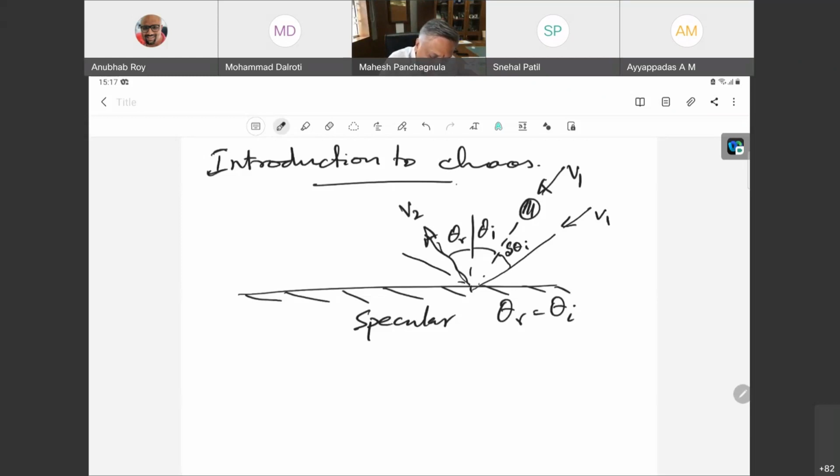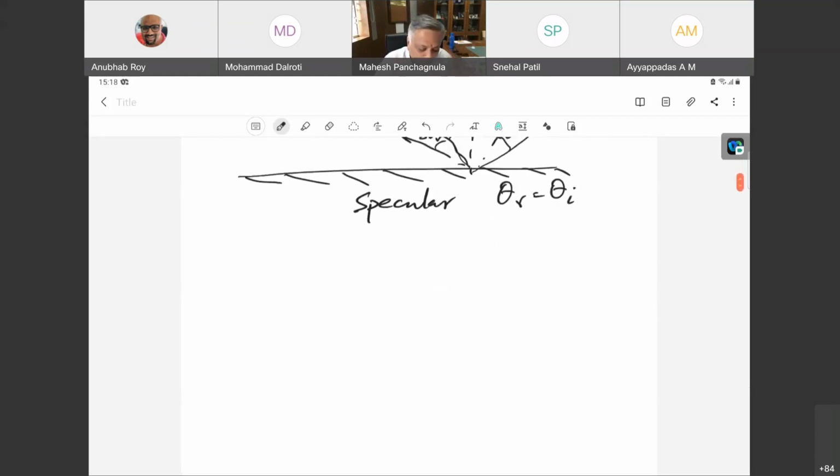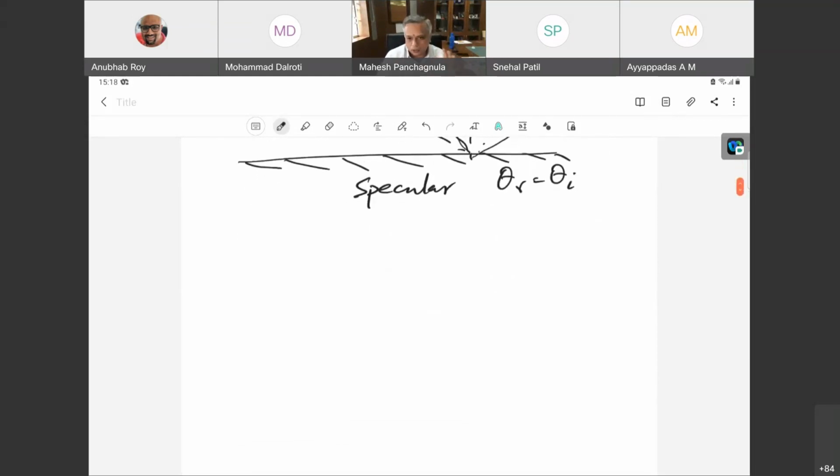I know what v2 would be. There would be a delta theta r equal to delta theta i. No problem here, right? As far as this problem is concerned, from the perspective of mechanics, there's nothing indeterminate or undeterminable about it.